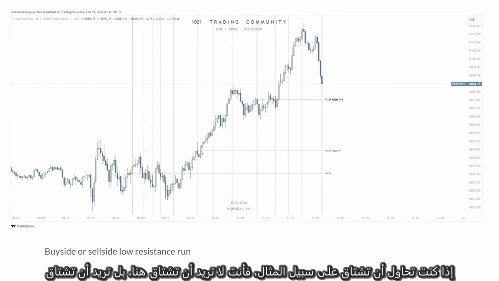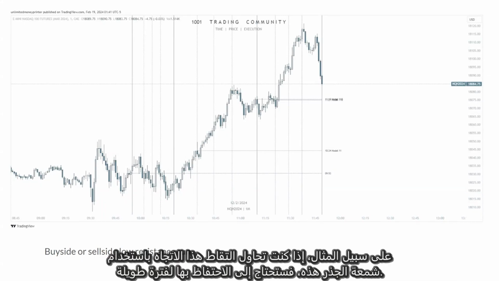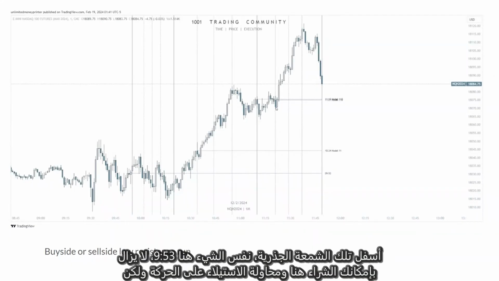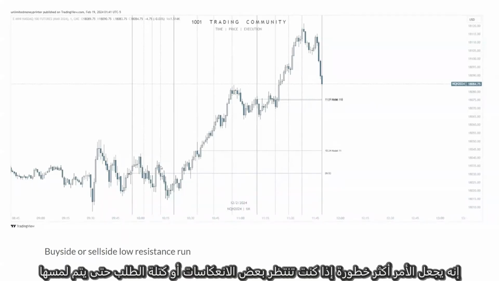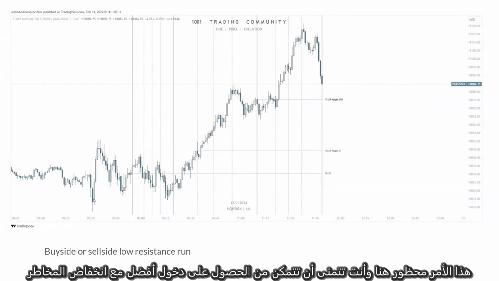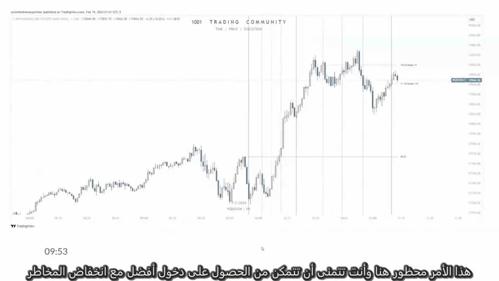If you're trying to long, for example, you don't want to long up here. You want to long this root candle, for example, if you're trying to capture that trend. You're going to want to long below that root candle. Same thing here, 953. You can still long here and try to capture the move, but it makes it higher risk. If you long here and wait for some inversion or an order block to be touched, this order block here, and you long that, you can get a better entry with lower risk involved.